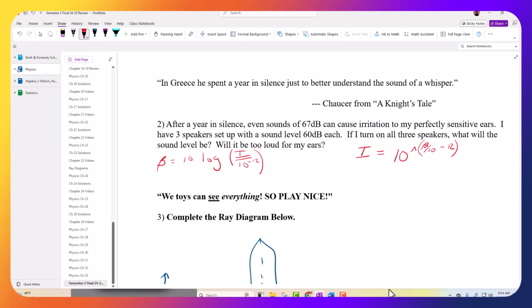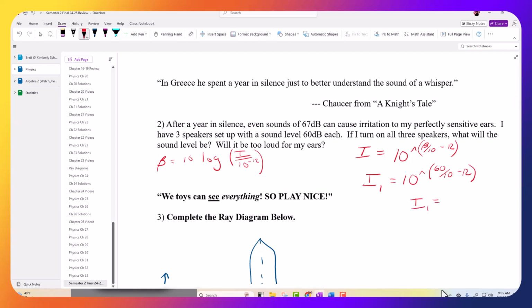If you could tell me your sound level is 60 decibels, that's my beta. And so to get the intensity of one speaker, that would be 10 raised to the 60 over 10 minus 12. So what's the intensity of a single speaker?